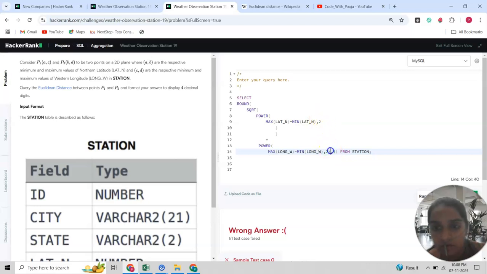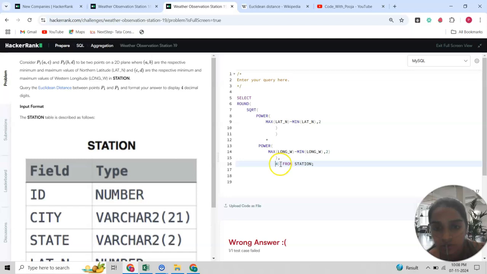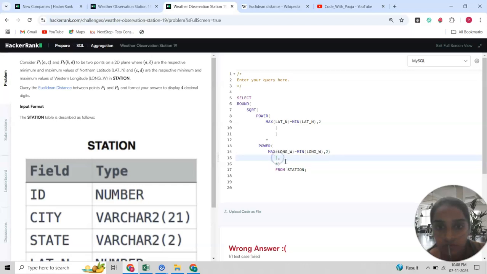Then from here, where is it for the power? No one for power. So power is here, and now this is for the round. It is giving me an error that there is one more extra.